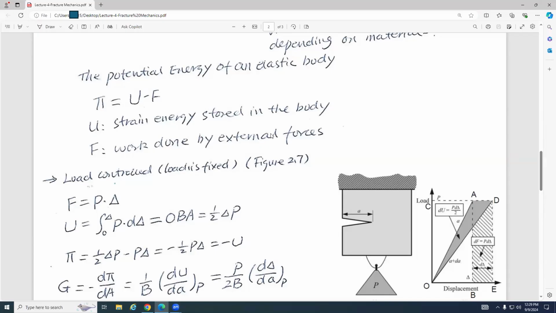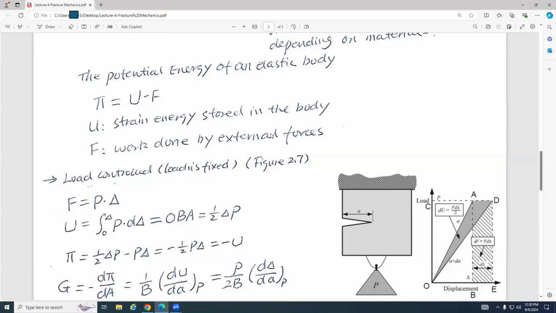So one is called load control, one is called displacement control. You can see load control here. I'm talking about the cracked body, this edge cracked body. Here I have a weight, and the weight P does not change.